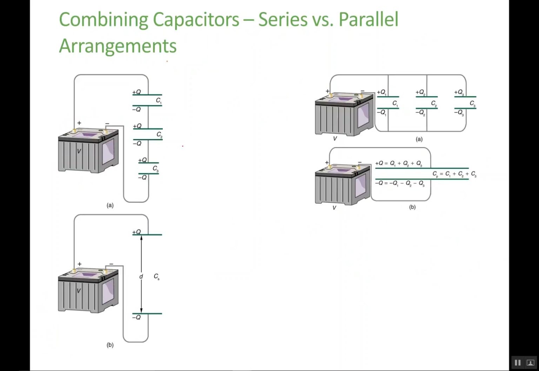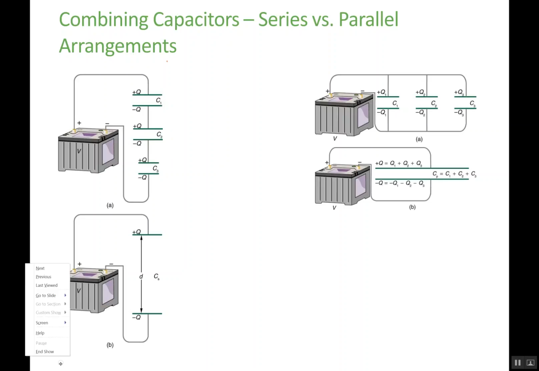It turns out that when capacitors are in series like this, effectively, it's like the battery is seeing one big capacitor that has an effective separation between the plates equal to the sum of the separations between the individual plates.